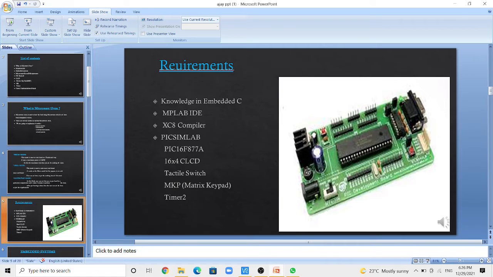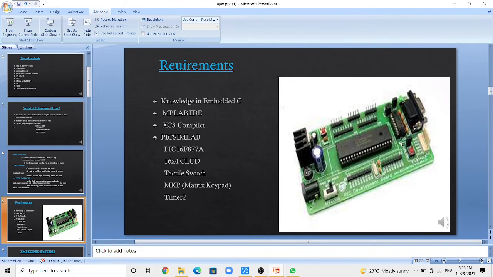Before that, the 16x4 CLCD, this is a display. After some time I can explain this briefly. Okay, and we use a tactile switch. From this diagram, this is a tactile switch.